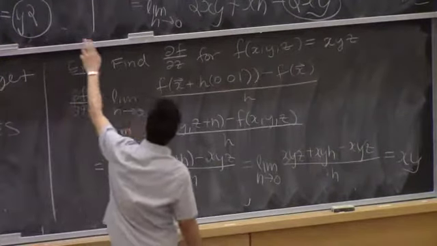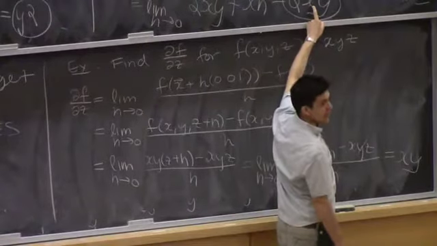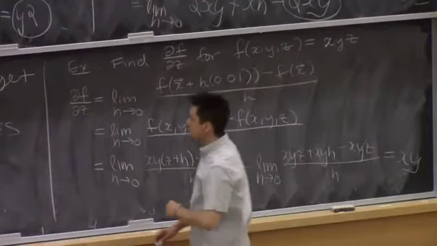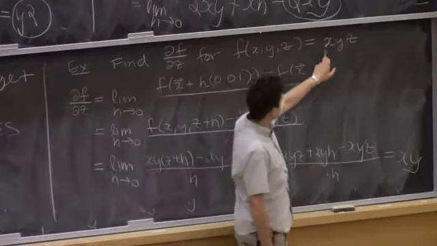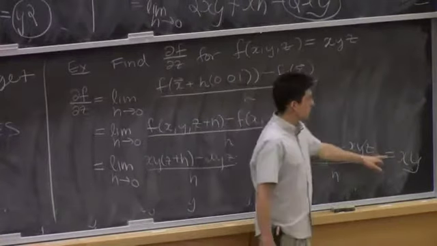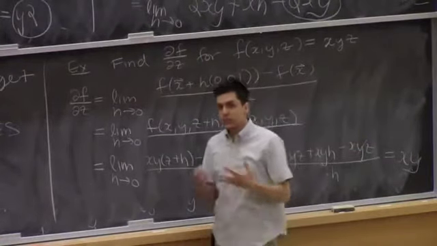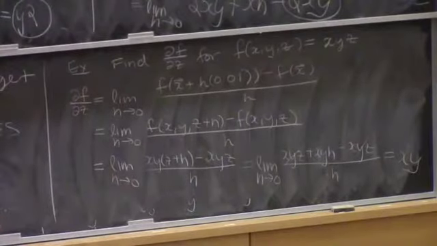Here, we take the derivative in y, and we get 2y, but x stays the same. x stays fixed. Here, we've got 3 variables. We take the derivative in z, but x and y stay fixed. So the idea or the shortcut of partial derivatives is the following.